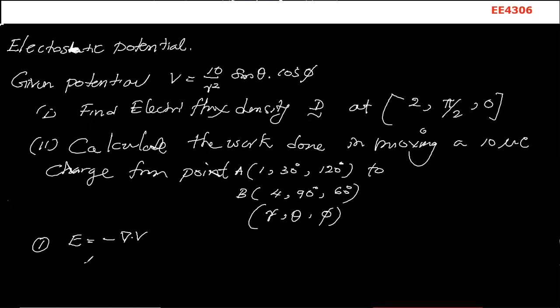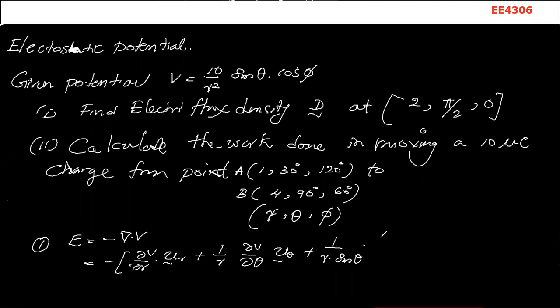So you can write down minus del V by del R into U R plus 1 over R del V by del theta into U theta plus 1 over R sin theta into del V by del phi into U phi.